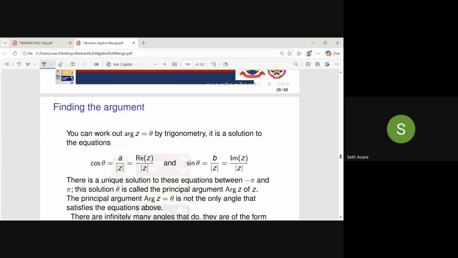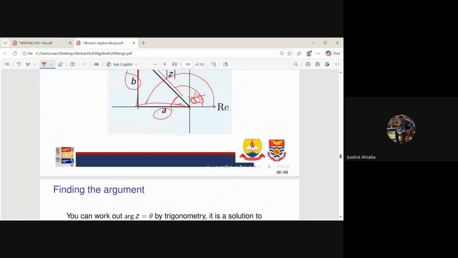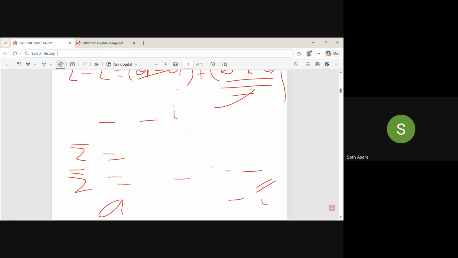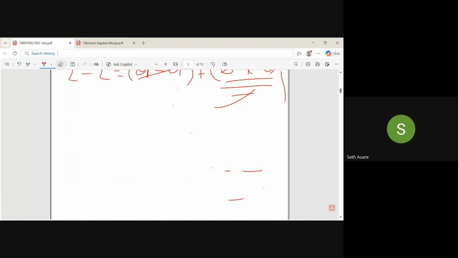So now let's see what we want to do. Let me come here and let's build something so that we understand. Here is a, here is b, here is c. This is my angle theta.